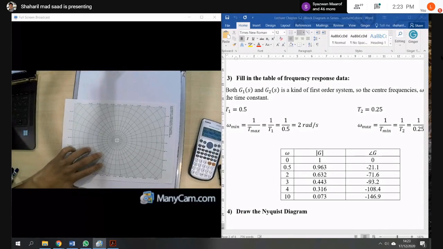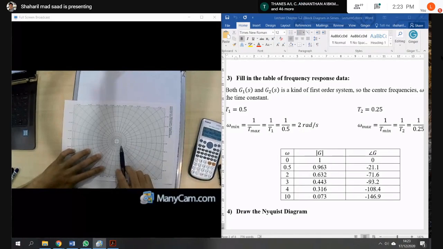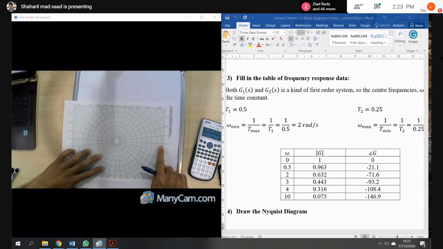Next, the maximum is 1, so what you can do is calculate here: 1, 2, 3, 4, 5, 6, 7, 8, 9. So there are 9 circles until here. Let me choose this one. I put it as 1.